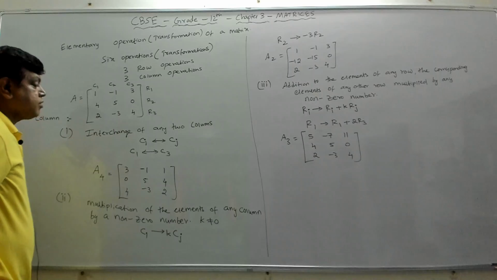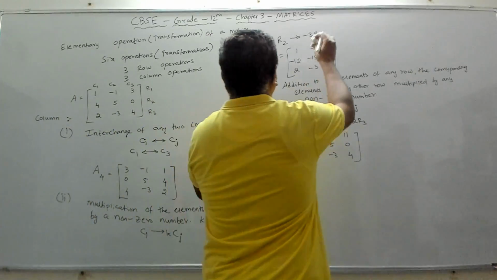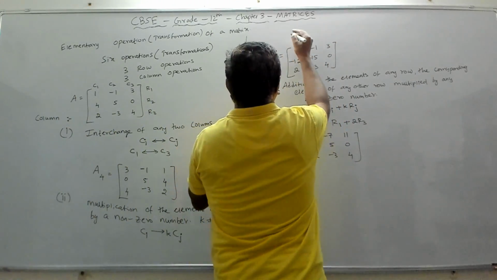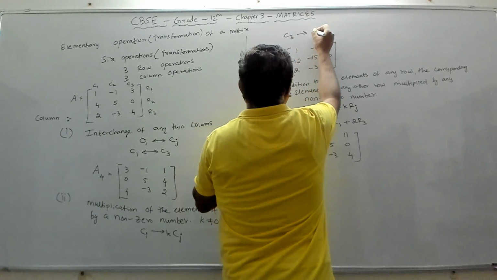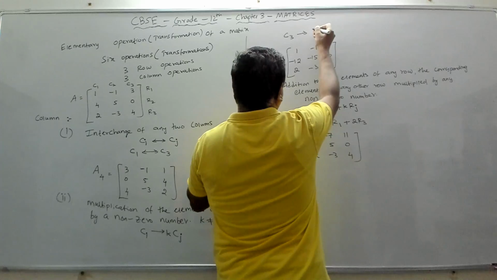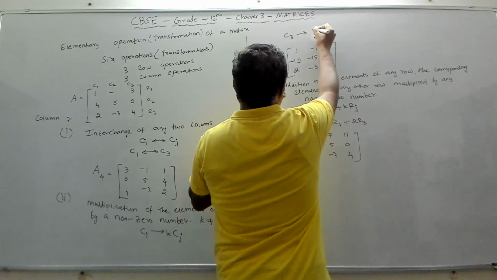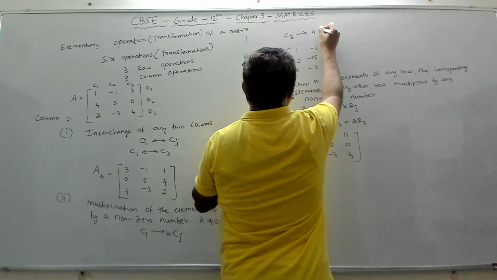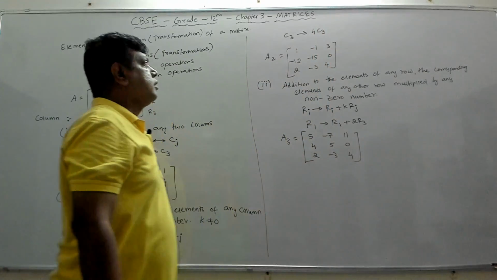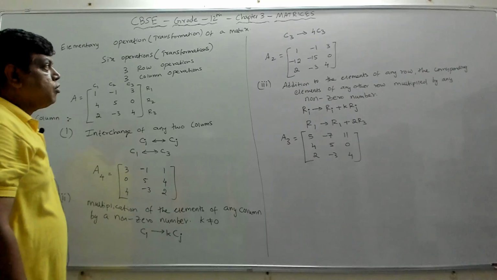So we can say here, C3 implies, we can even put any fraction. Only thing is k should not be 0. So I can put probably 4 times C3. C3 implies 4 times C3.